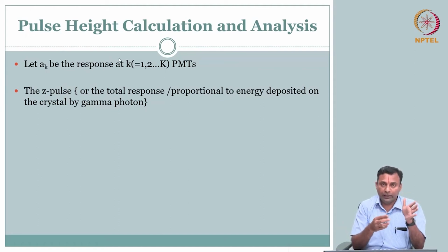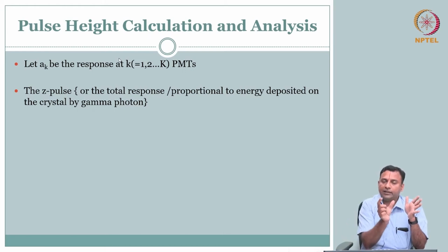If you think about it, I have several photomultiplier tubes. I had my gamma come, scintillation converts to light. What happens to this light? The light is spread, because there is a thickness. So light spreads and it hits the photomultiplier tubes.